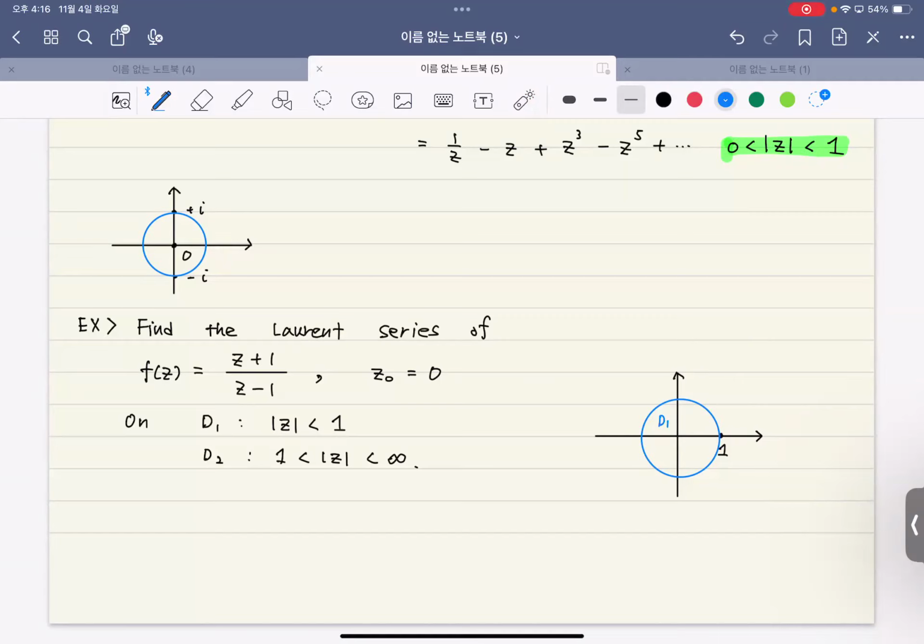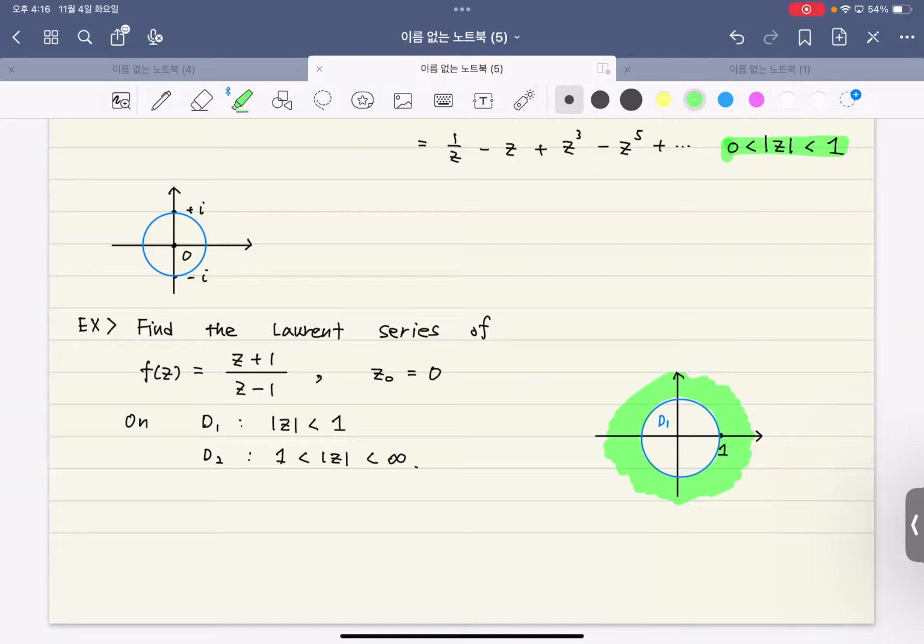And instead I can try something even crazier than this. Let me just focus on the second domain, D2, which is still an annulus, but this time the annulus is the outside of this unit circle. Topologically, this is still an annulus. If the center of your expansion is the origin, then in this case your outer radius can be arbitrarily large.